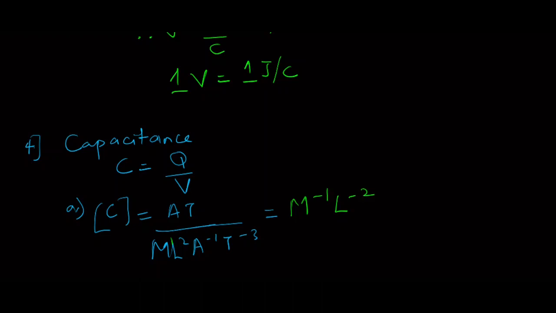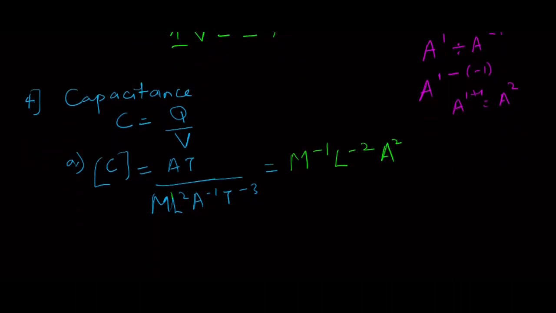We have A raised to power 1 divided by A raised to power minus 1. We pick one of the A's, we have 1, division means minus, then we also have minus 1. That gives us A raised to power 1 plus 1, which is A raised to power 2.